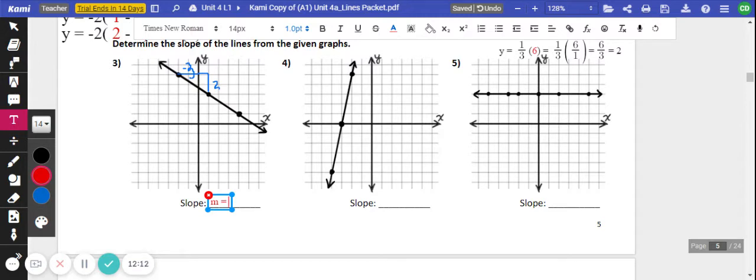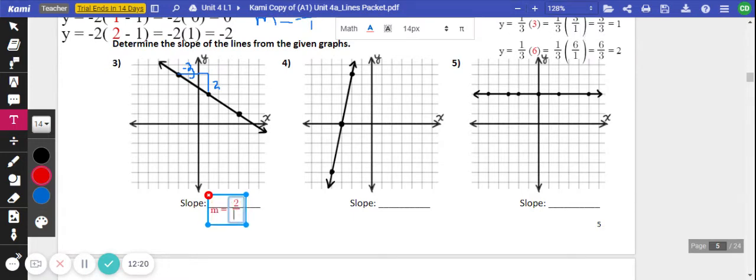So anyway, my slope is going to be 2 over -3. Or again, I could write that negative sign out in front of my fraction, meaning that I only have one negative sign for that fraction.